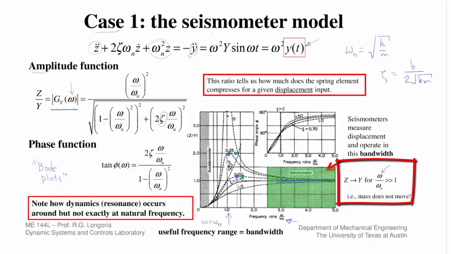And this is important because remember, we're talking about a nice, perfect, ideal measurement. If I can force this system at very high frequencies compared to the natural frequency, then I get a near constant relationship between z and y. In other words, it doesn't depend anymore on all of this stuff over here, right?